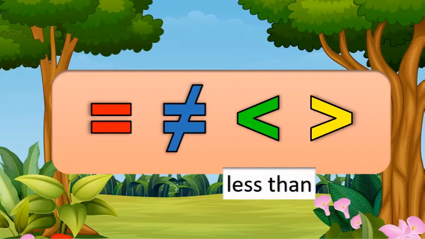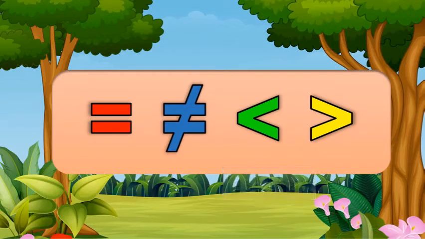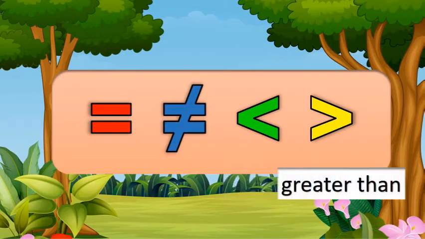Less than. Always remember, less than opens its mouth on the right side. Greater than opens its mouth on the left side. And don't forget, it always opens its mouth on the bigger number.